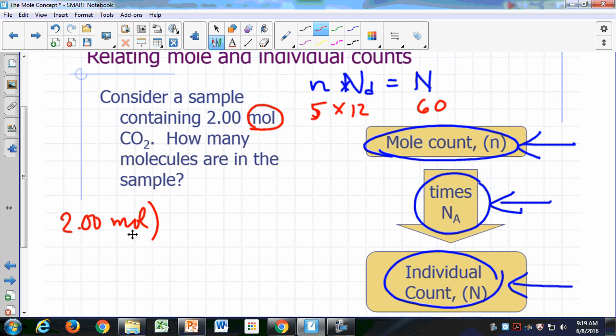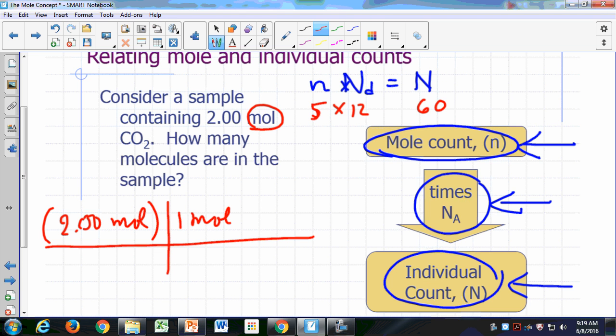So you multiply by Avogadro's number, right? So you say 2.00 moles of CO2 times 1 mole of CO2 molecules corresponds to how many molecules?